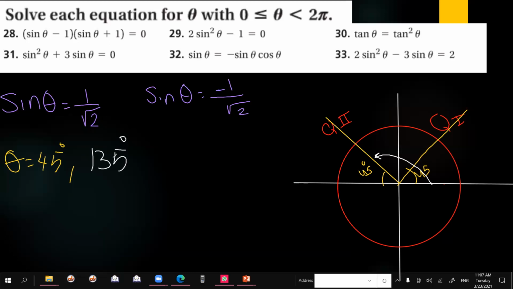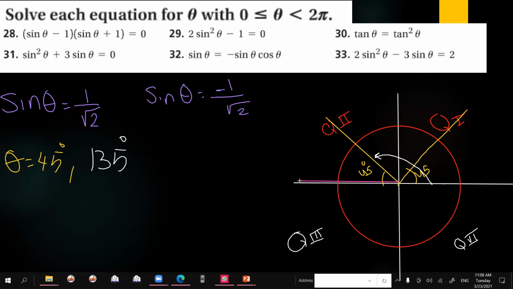We need now to solve which angles have sine negative 1 over square root of 2. Sine is negative, so I am in quadrant 3 and quadrant 4. Then I have to rotate 45 degrees from the x-axis.